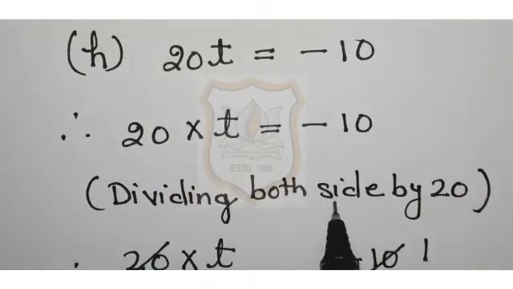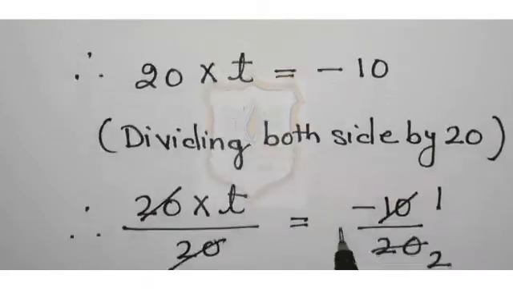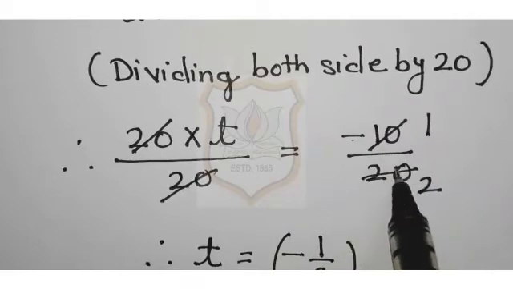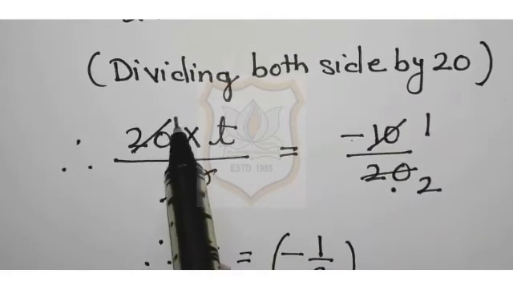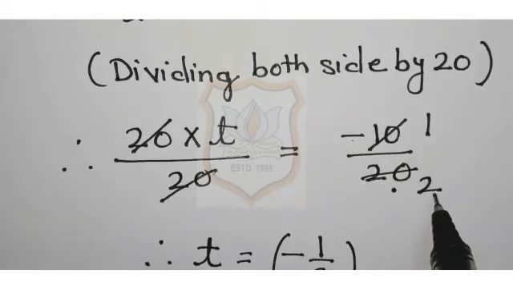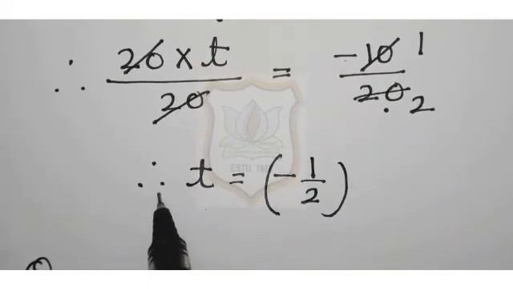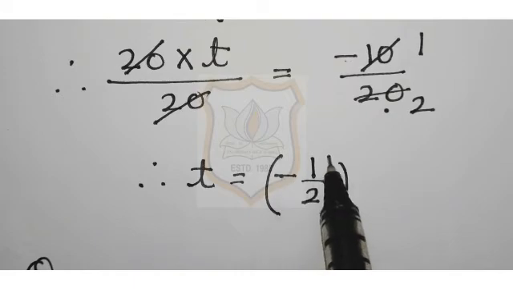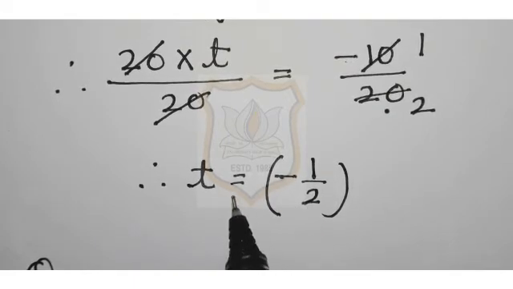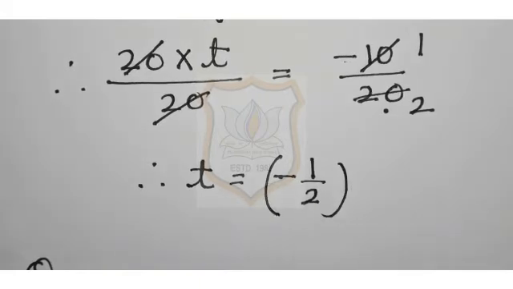So, dividing both sides by 20, 20 into t upon 20 is equal to minus 10 upon 20. The 20s cancel. Minus 10 ones are 10, 10 twos are 20. So our answer will be t is equal to minus 1 upon 2. And this is the value of the variable t, minus 1 upon 2.